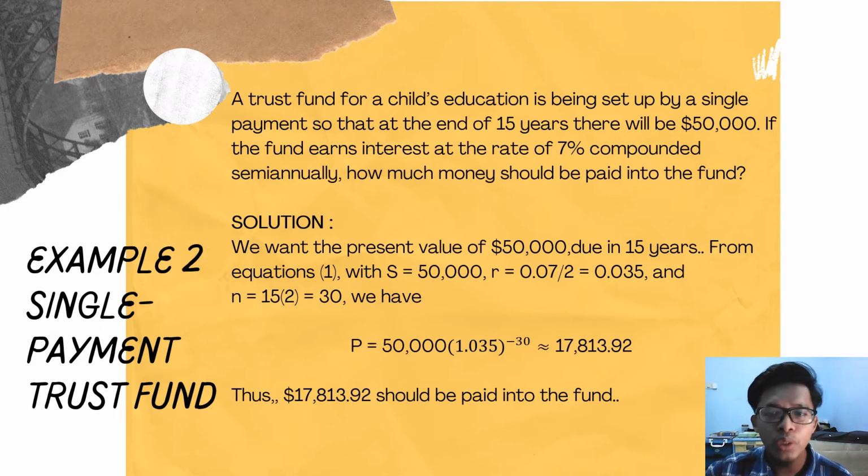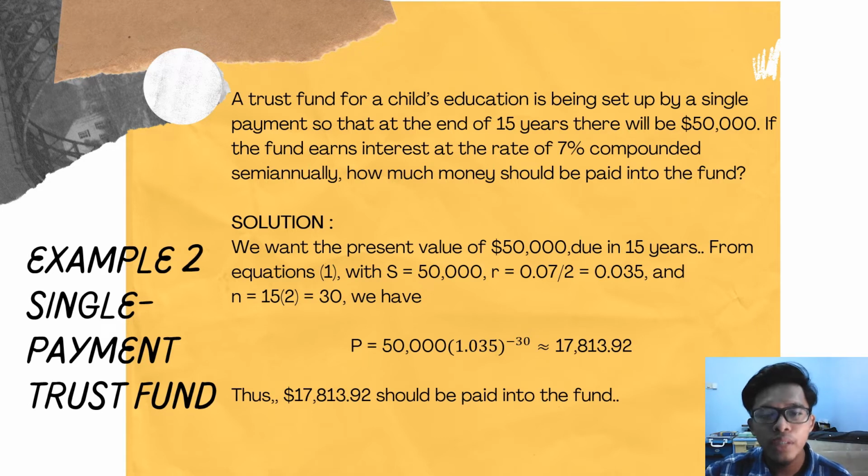So from equation (1), we get S equal to 50,000. R equal to 0.07, which is the rate, divided by 2, and we get 0.035. And for n, which is the power, n equal to 15 times 2, and we get 30.